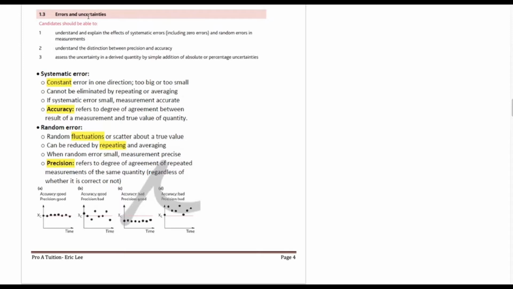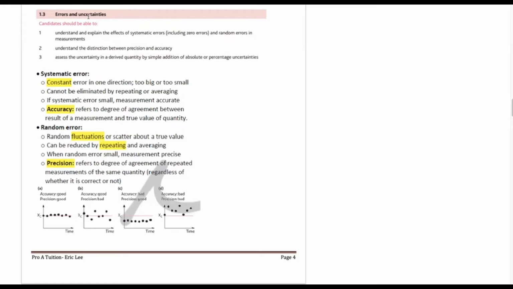For example, this one, they are close to each other, then it is precise. If they are not close to each other, then it's not precise. So this is precise, the precision is good. This is also good precision.